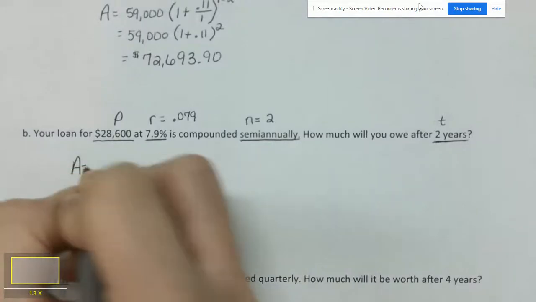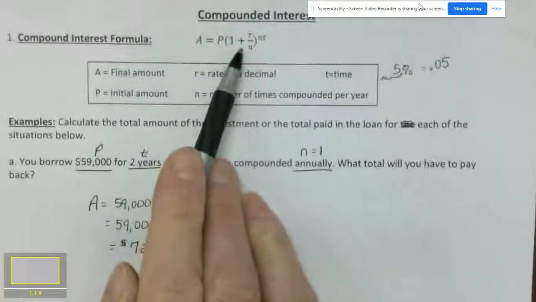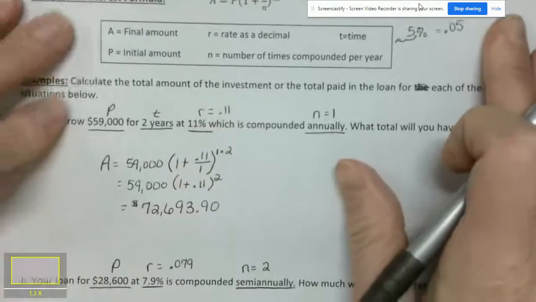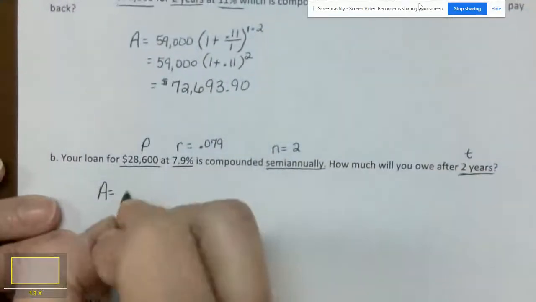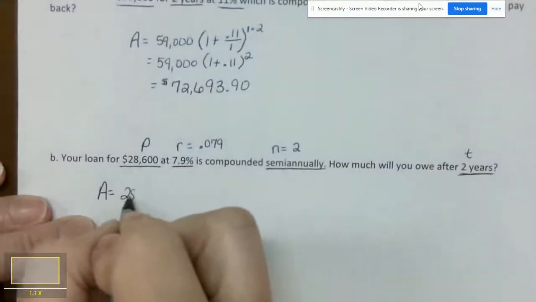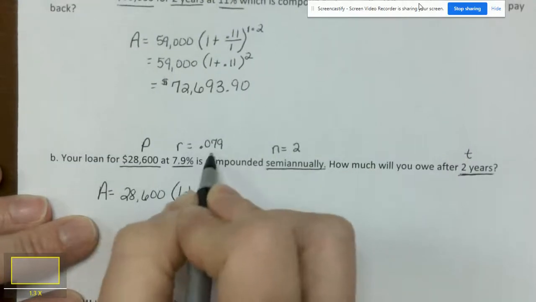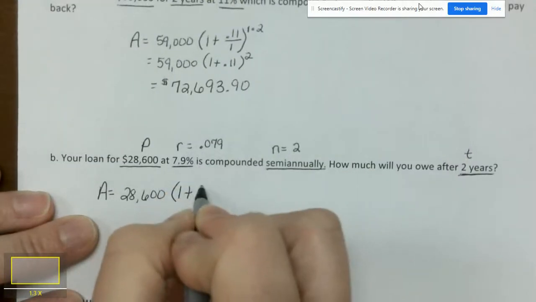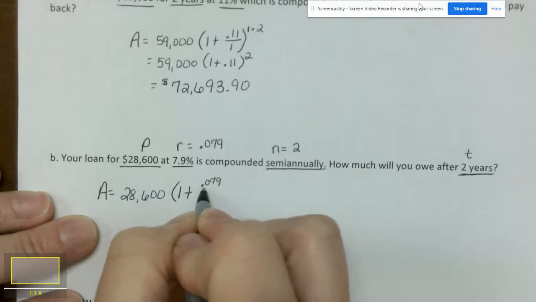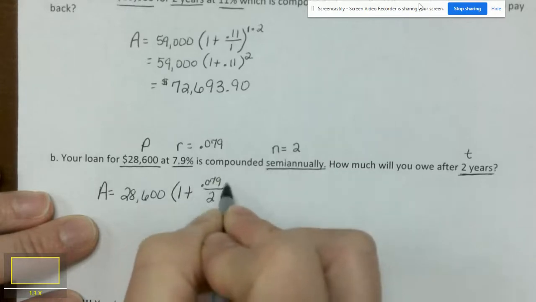Okay, so let's set this up. It's A equals, and I'm referring back to my formula up here, okay? A equals principal, which is $28,600, times 1 plus, okay, R over N. R is 0.079 over my N, which is 2.